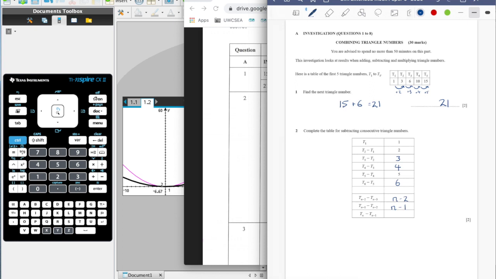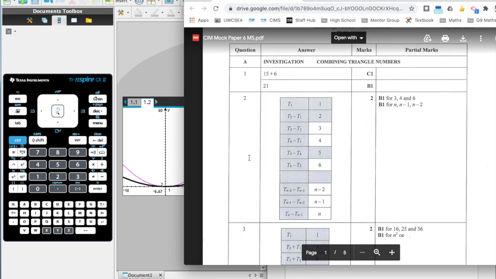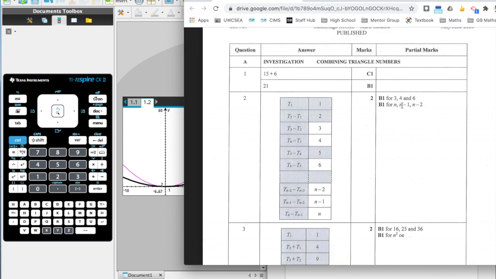And if I look at triangle n minus 1, in relation to 6, triangle number 6 minus triangle number 5, that gives me a value of 6. 6 is equal to 6, but in this case it's n, so it's just going to be an n in this instance. Okay, and for the marks, you get 1 mark for the 3, 4, and 6, and then another mark for the n minus 1, and n minus 2.